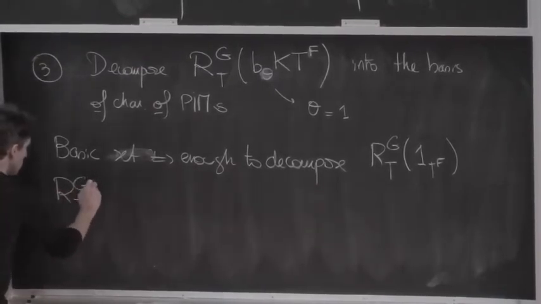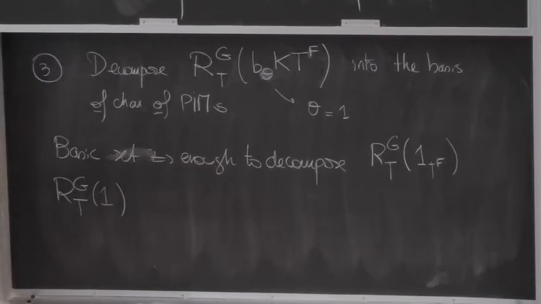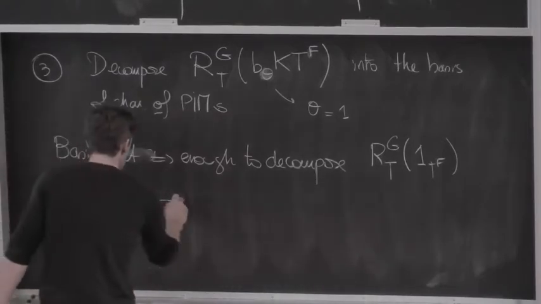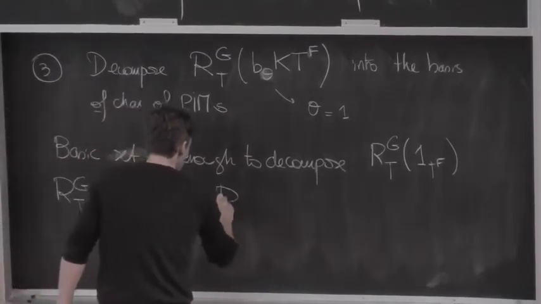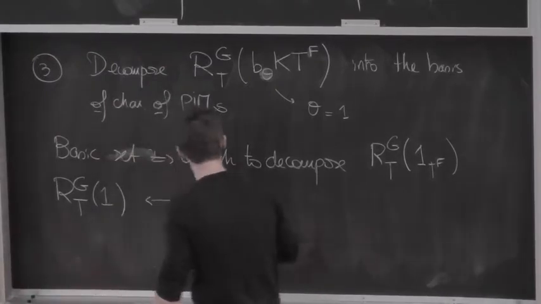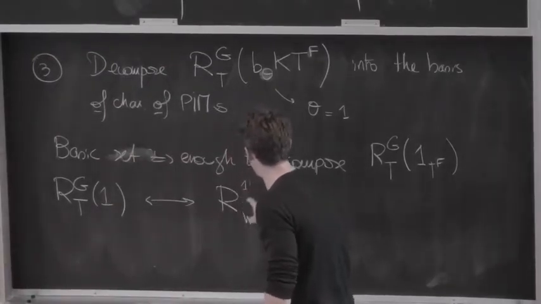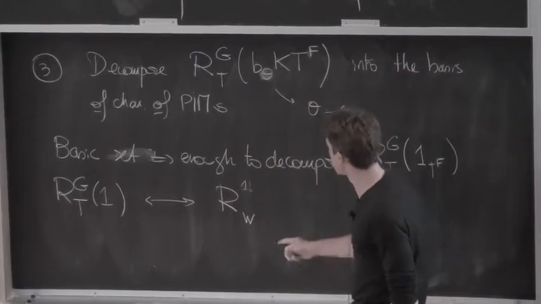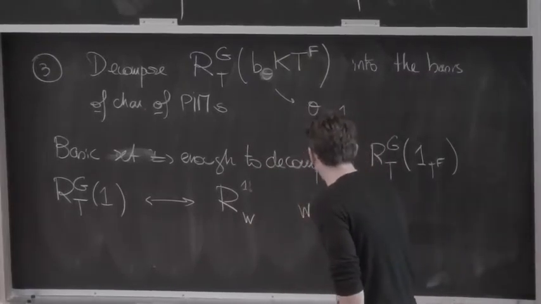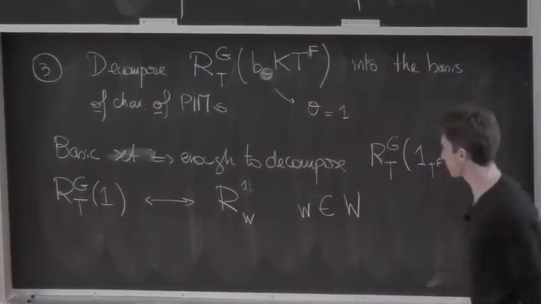Remember that the rational classes of tori are parameterized by conjugacy classes of W, or twisted conjugacy classes of the Weil group. So here, I will denote them as R sub W, 1 for unipotent, and W is now an element of the Weil group.